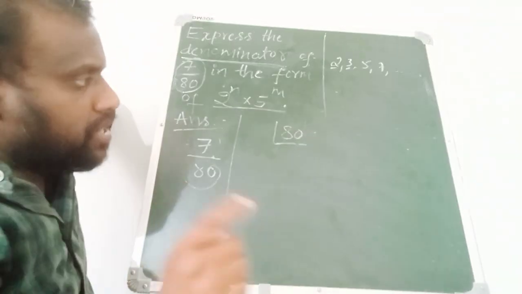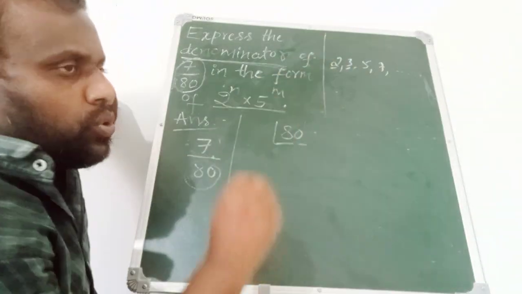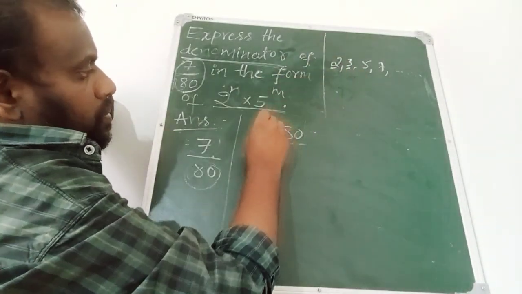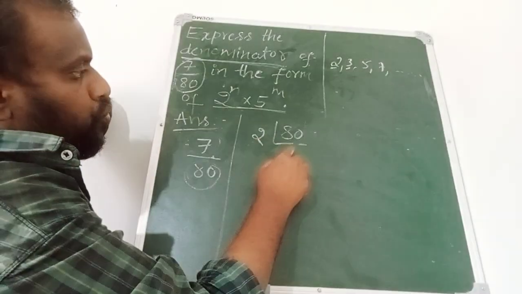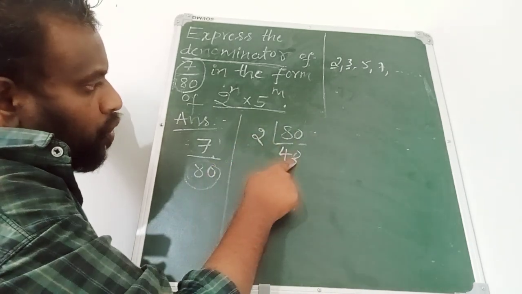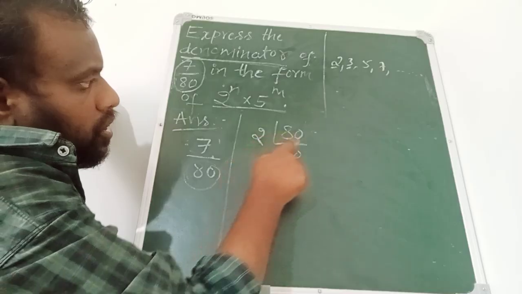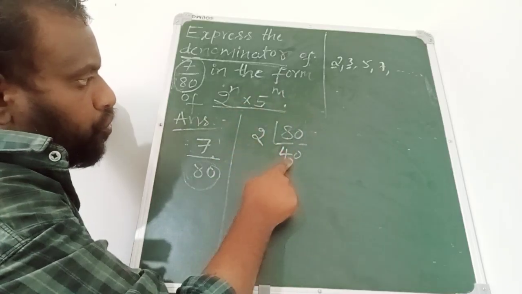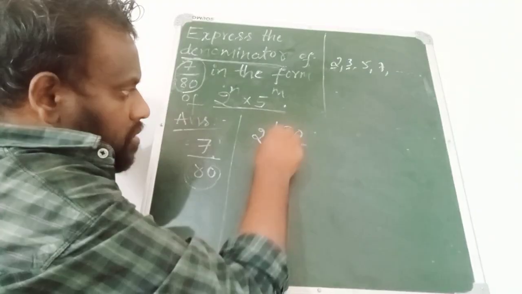We can see 80 is completely divisible by 2, so write this 2 here. Now we divide. 2 times 40 gives 80. So 2 forties are 80. Next, write like this.